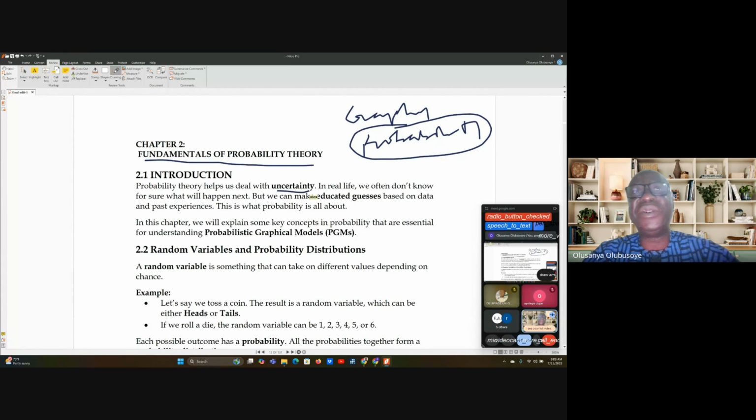Nobody is sure. If you are a newly wedded couple, for instance, you are not sure how long the marriage will last. Nobody can say precisely this marriage will be for 20 years, 50 years, 100 years before death.